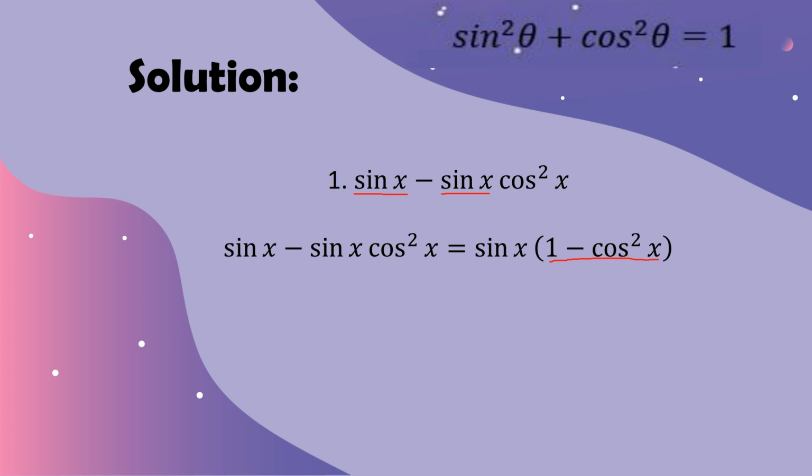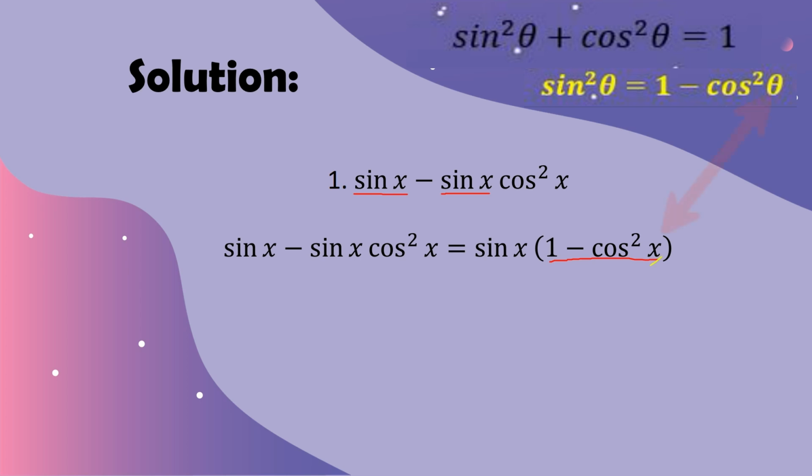Okay. Tingin tayo dun sa identity na binigay dun sa first part. Is there a way na mabubuo natin si 1 minus cosine squared x sa identity na yan? Definitely. We can subtract cosine squared theta on both sides. So that is why we end up with sine squared theta equals 1 minus cosine squared theta.